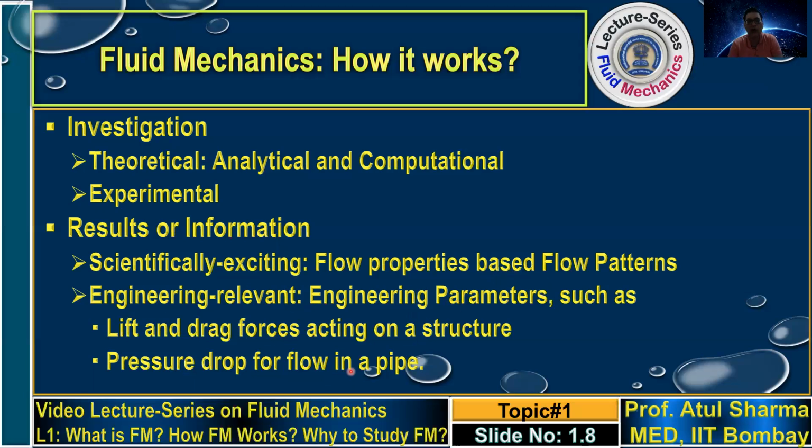So note that there are two types of information. One is the velocities, pressures and temperature; when we draw pictures and movies of those, we call them scientifically exciting pictures or movies. When we draw figures and movies corresponding to lift variation and drag variation, we call those engineering relevant pictures or movies. These are the two types of results or information which we obtain in a fluid dynamics study.